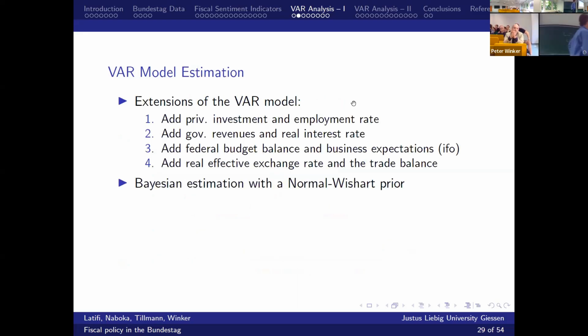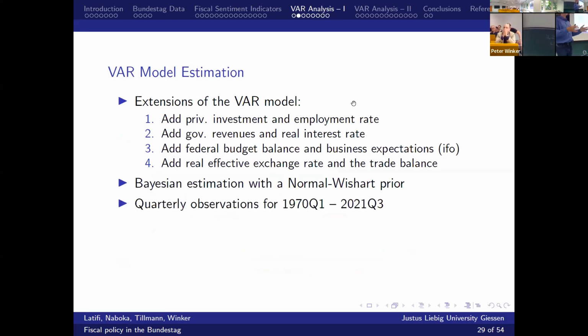Well, I don't want to go through all these different versions we did with different variables just to see whether it's a random finding or whether it's robust if we add alternative variables. Of course, we couldn't add all of them given the limitations by the degrees of freedom, but we try with the different versions.